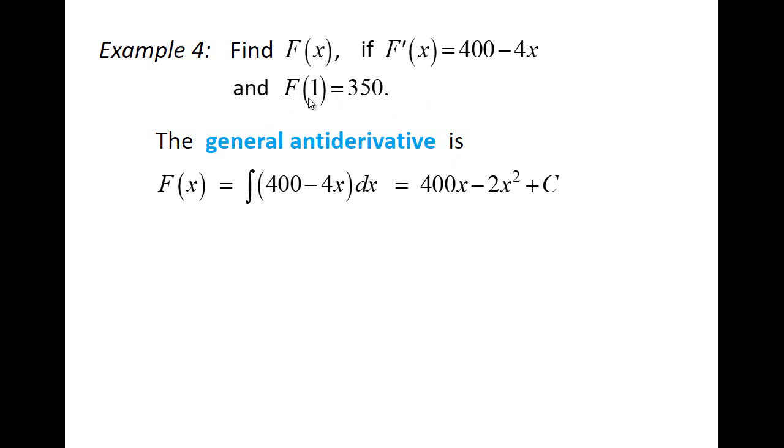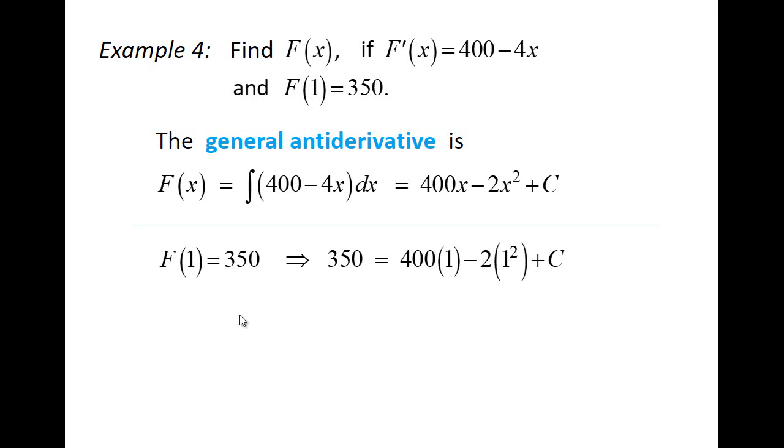We are given that F of 1 is 350, so now we have to choose c so that the value of this function at 1 is 350. What is F of 1 from the formula we obtained? F of 1 would be 400 times 1 minus 2 times 1 squared plus c.